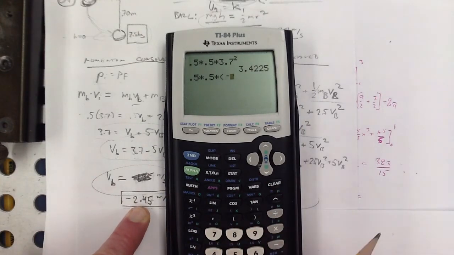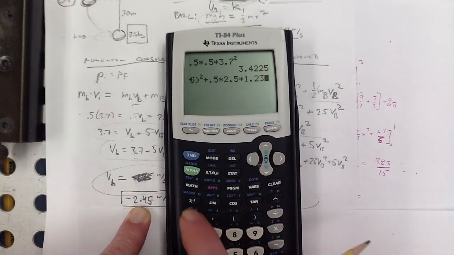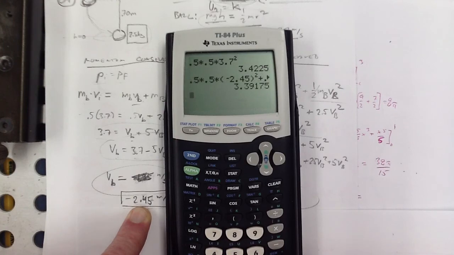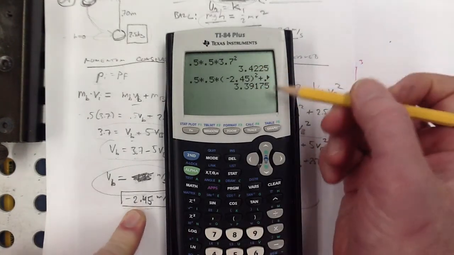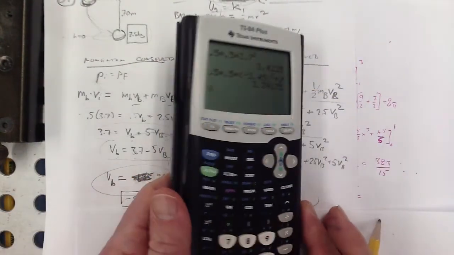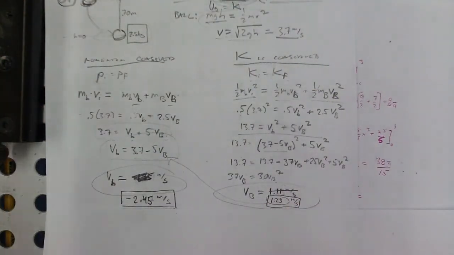Of course, the negative is going to get squared off, but I'll do it like that. 1/2 mv squared plus 1/2 mv squared. And hopefully that is about 3.4. 3.4, 3.4. Why are they not exactly the same? Because of rounding. All right, so that all checks out. There you go. There's number 64.